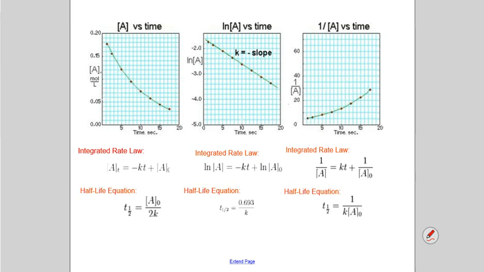From there, we also have the integrated rate law and half-life equation that goes with it.